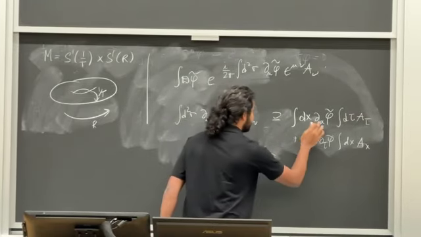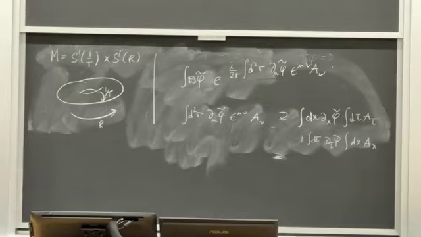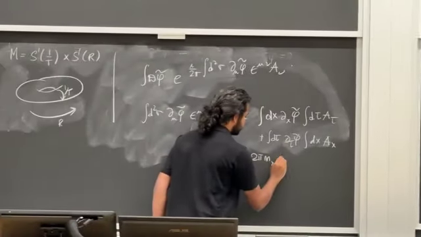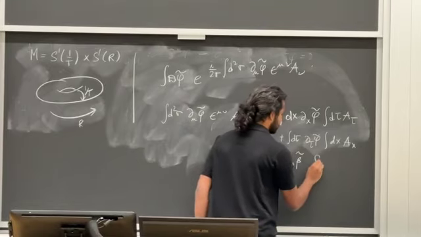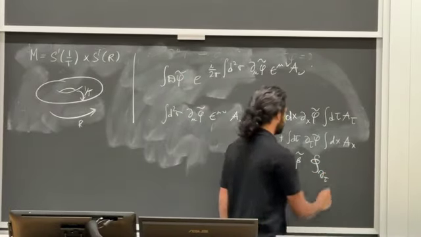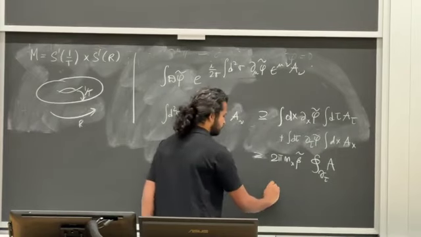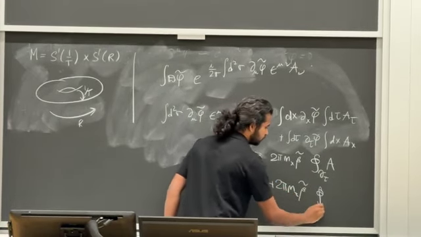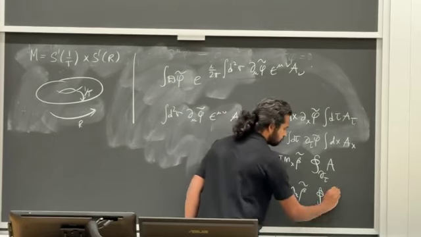And we just wrote down what these bits are over here. So I have 2 pi mx beta tilde integral over a curve that's around time a plus 2 pi m tau beta tilde integral over curve that's space a.